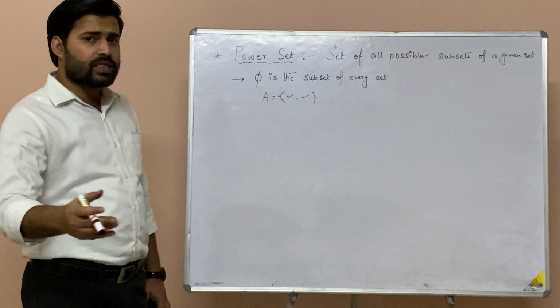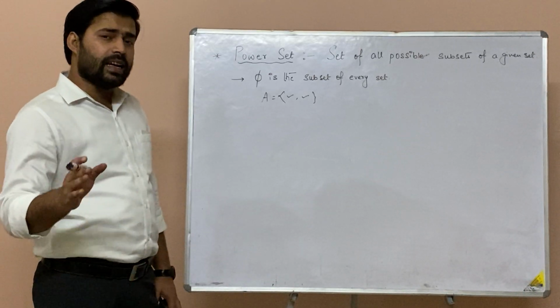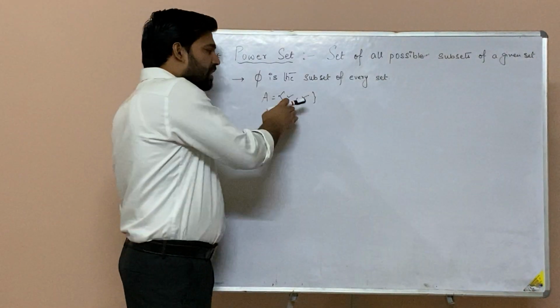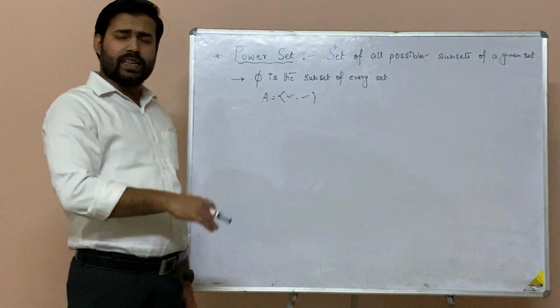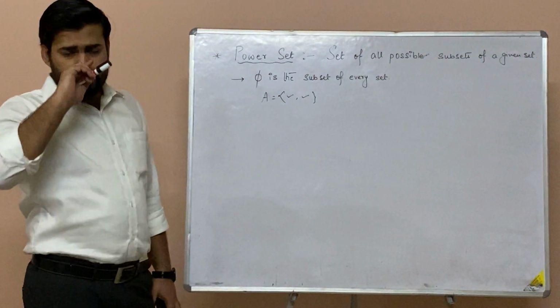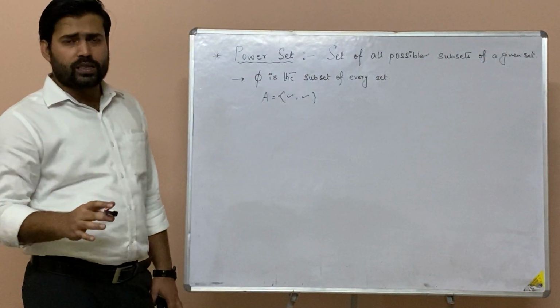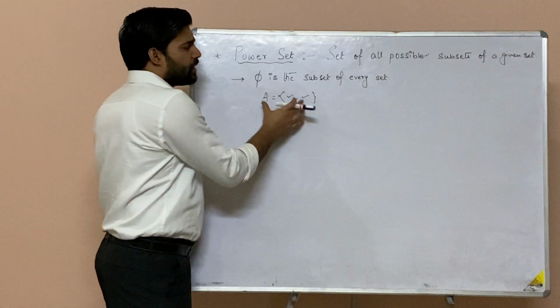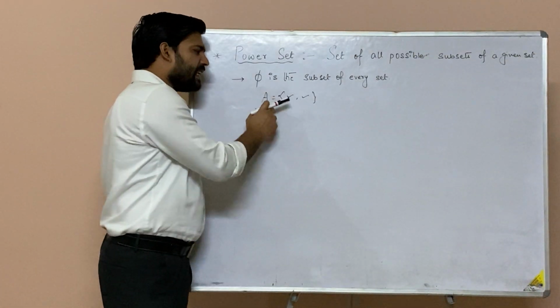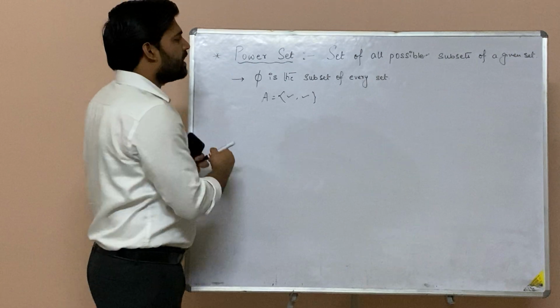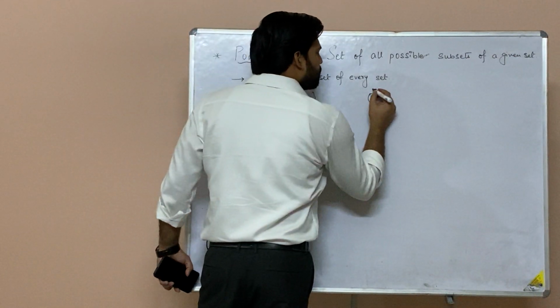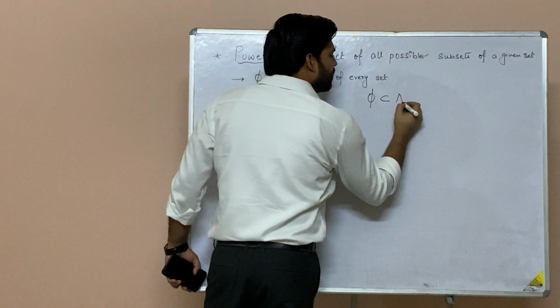And apart from that, if the set is containing 1 element, 2 elements, 3 elements, we are not bothered about that. So if I am taking any set, phi is always a subset of that given set.